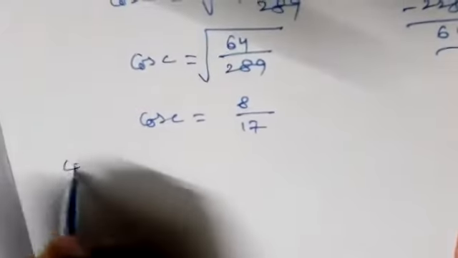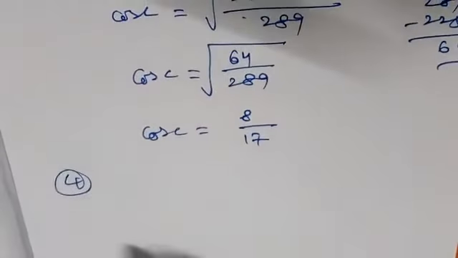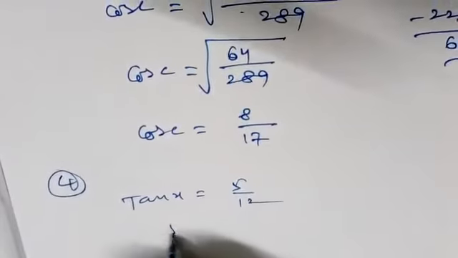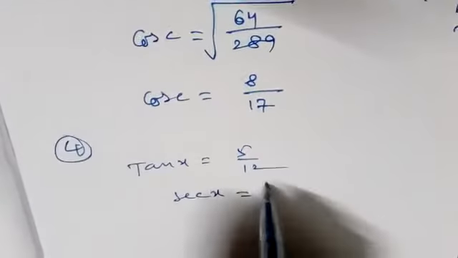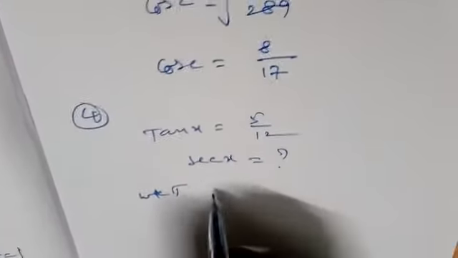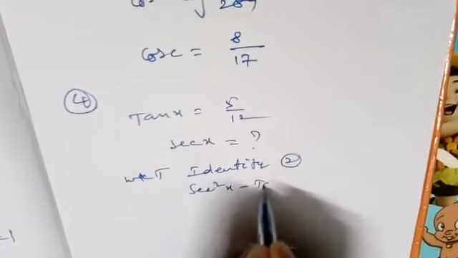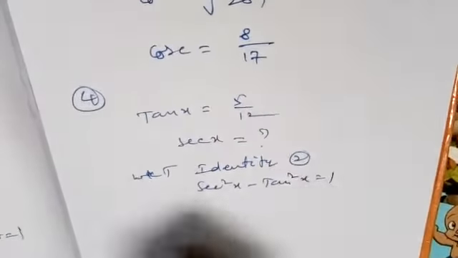And the next question, tan x is equal to 5 by 12. So secant x is equal to question mark. We know that identity 2, secant square x minus tan square x is equal to 1.